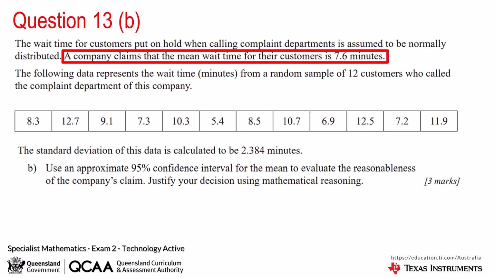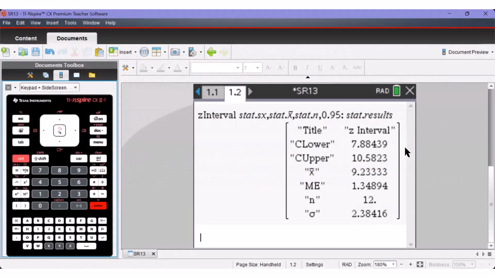Now 7.6 minutes is a value that is not contained within this confidence interval. So therefore we can conclude that the company's claim is not reasonable, as the claimed population mean wait time lies outside this confidence interval.